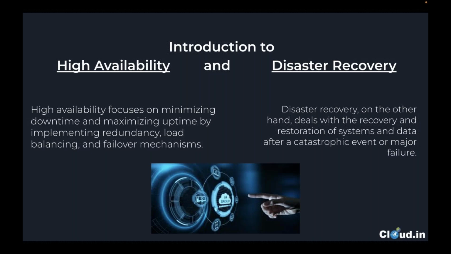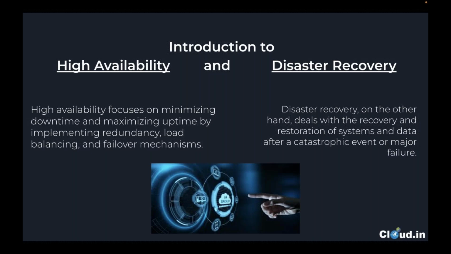This involves data replication, backup and restore procedures, failover and failback processes, and regular testing to ensure readiness. So DR typically focuses on restoring services and data to a known good state after a disaster, whether it's due to hardware failure or a natural disaster, as I suggested before.